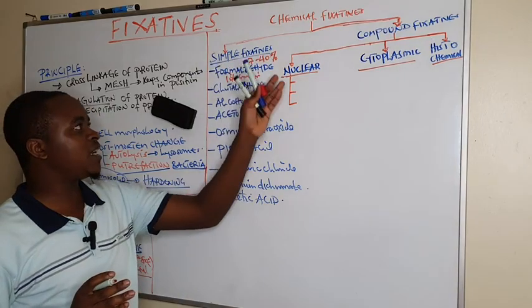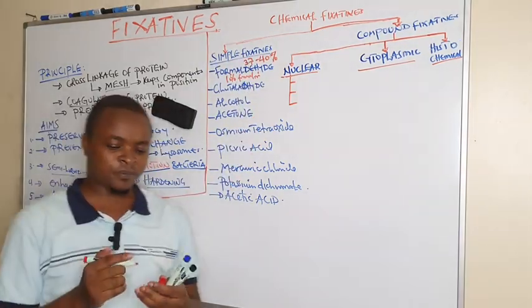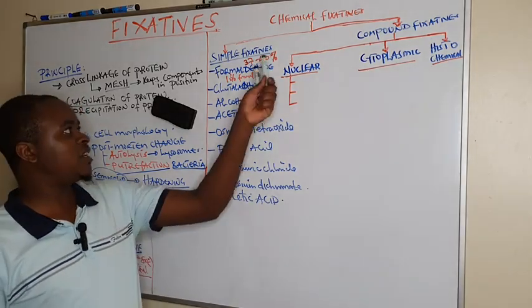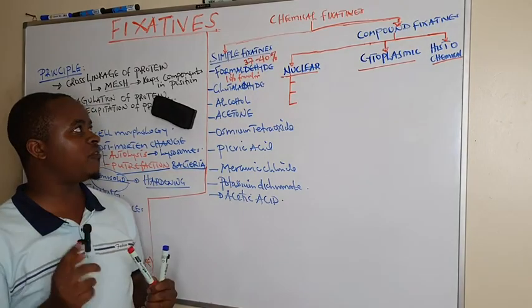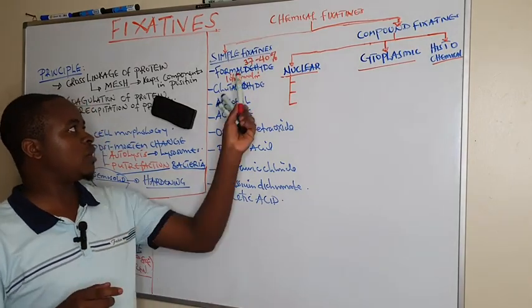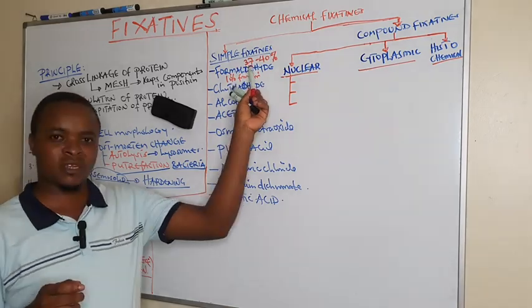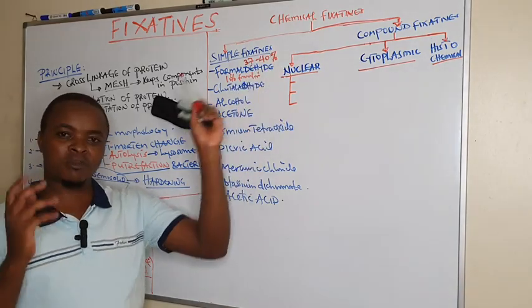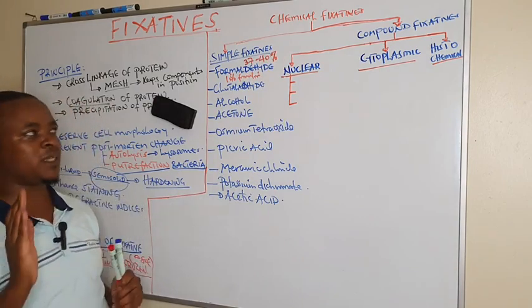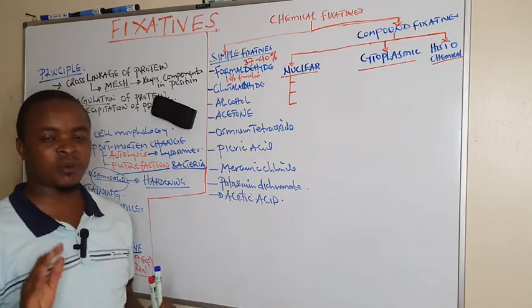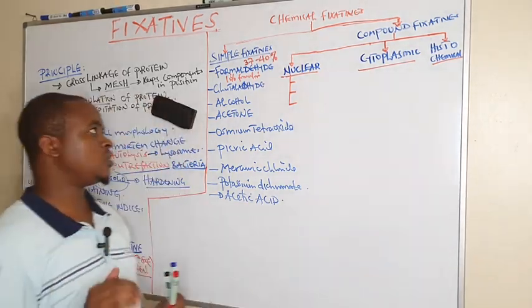But in case you are given a figure below 37, then you take that actual figure. It comes in gaseous form but is soluble in water. So this 37 to 40 is in gaseous form. During preparation, using the formula, we take it as 100 so long as you are given between 37 to 40. Below 37, you use the actual number. If it is 35%, you use 35% as the original concentration.